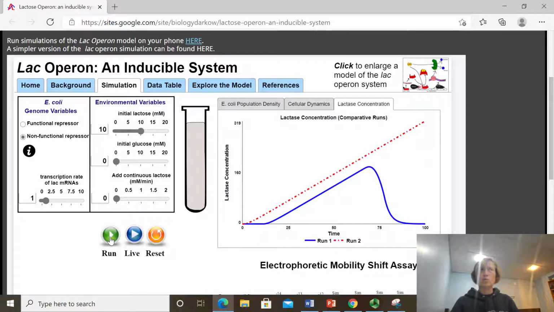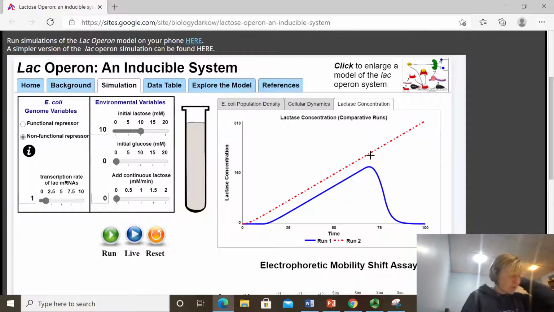When the repressor doesn't work, we're always going to be turning on the lac operon. We're always going to be making beta-galactosidase forever, no matter how much lactose is present. Doesn't really matter. And you can see that we just keep making and making and making more of this enzyme. And it doesn't really matter what the environmental conditions are here. The repressor's broken.